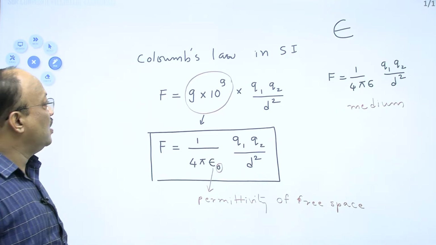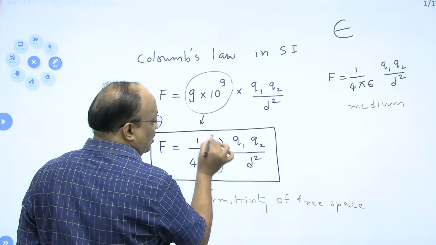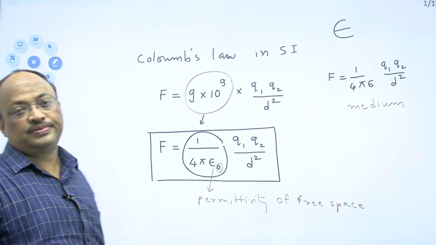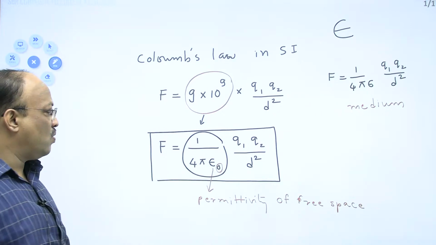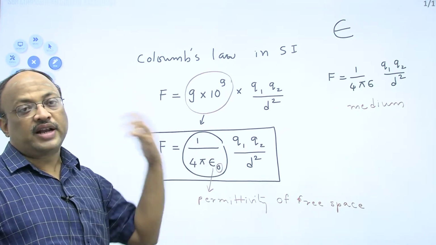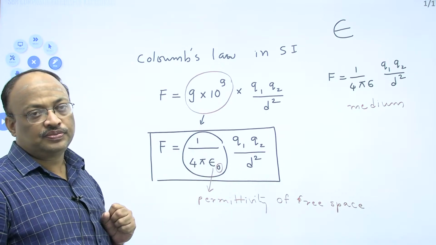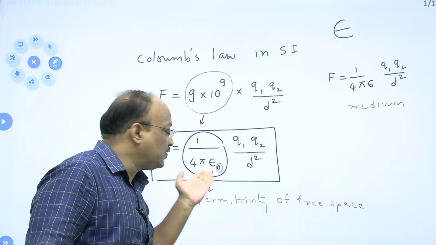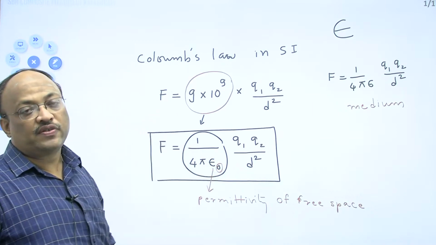Now we will find out the unit for this constant. That is one of the very important questions they ask. What is the unit of the proportionality constant? Write the dimensional formula for this. And what is the unit of epsilon naught, permittivity of free space?